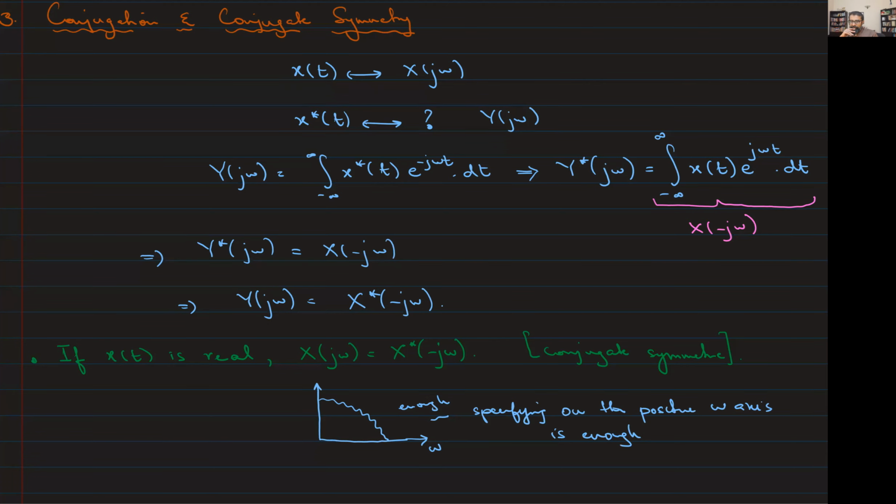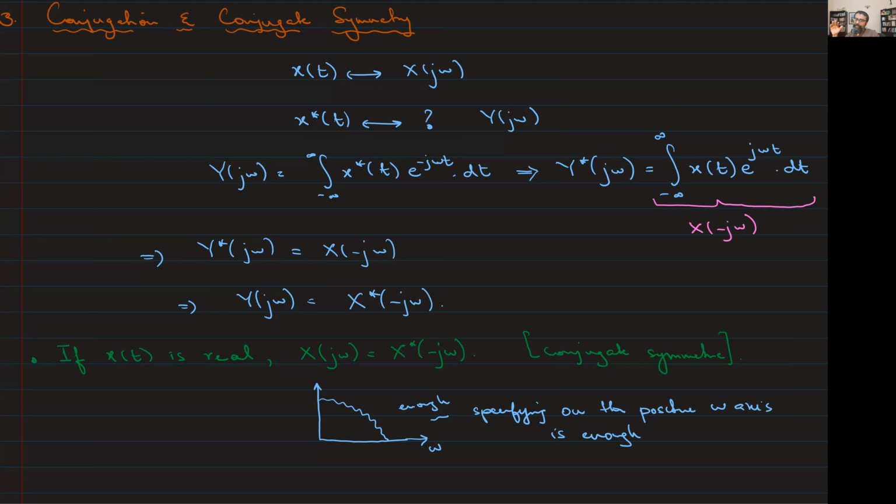Why is that enough? Given X of j omega for positive frequencies, would I be able to determine X of j omega at negative frequencies? Yes, because if I know X of plus j omega, I know X of minus j omega, since that's just the conjugate of what it was for positive frequencies.